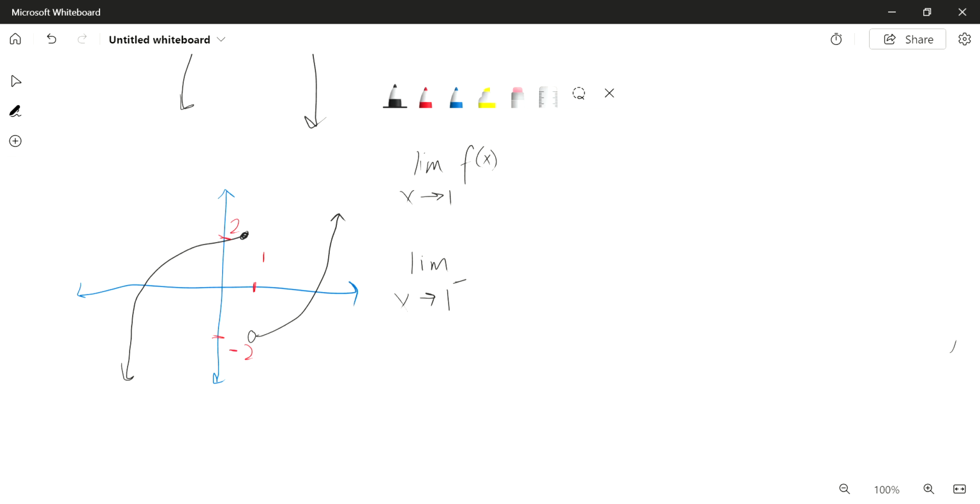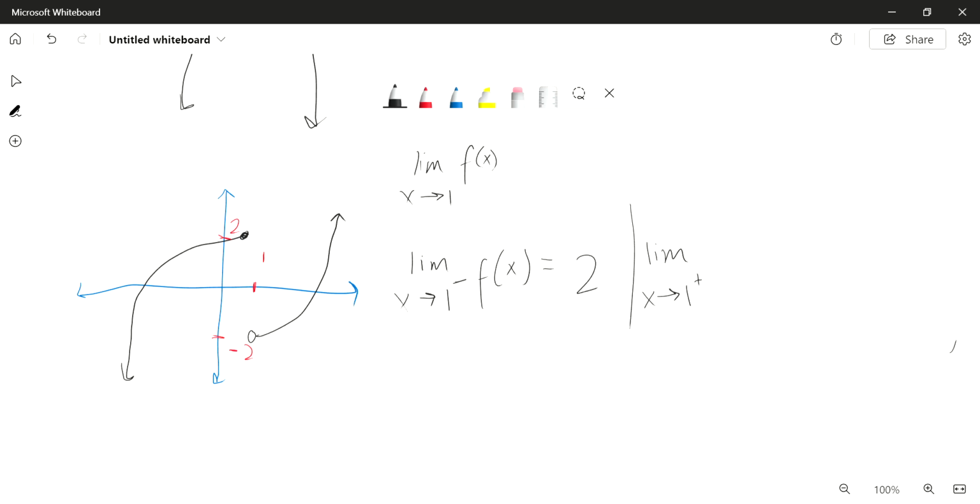To find the left-hand side limit, I would put a minus over here because that means it's starting from negative infinity and going this way. If you start from the left and move your way to x equals 1, you get a value of 2.